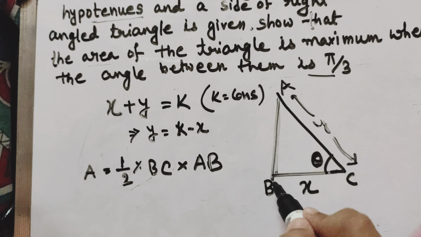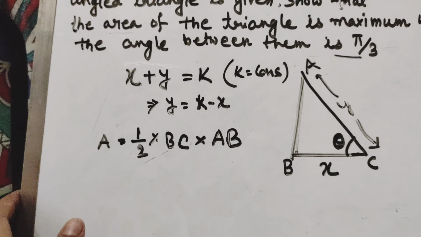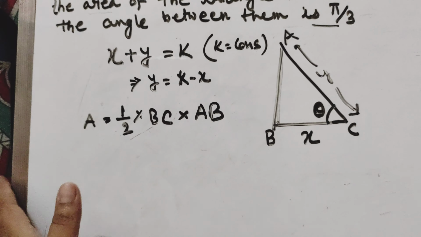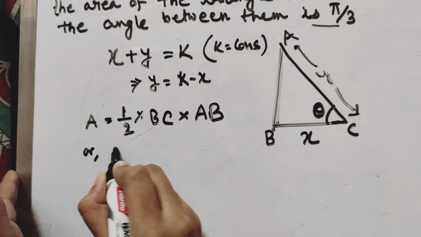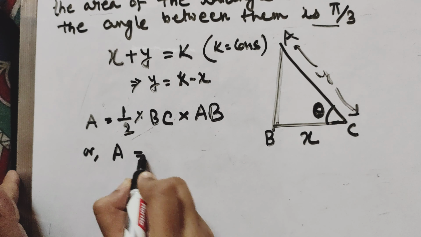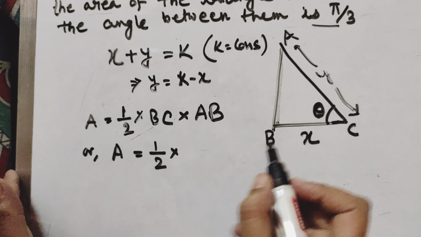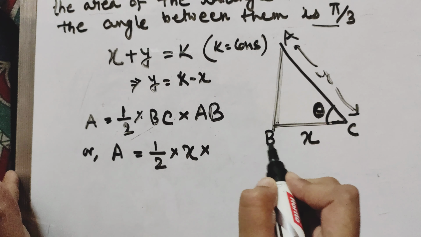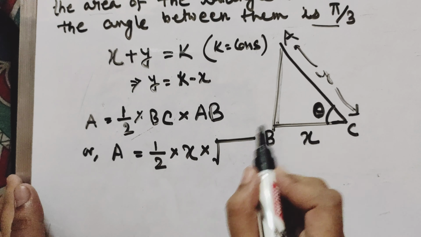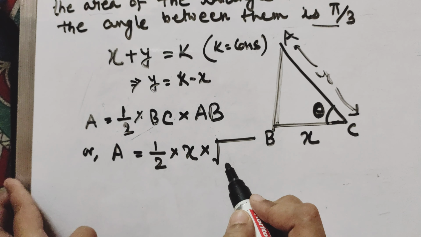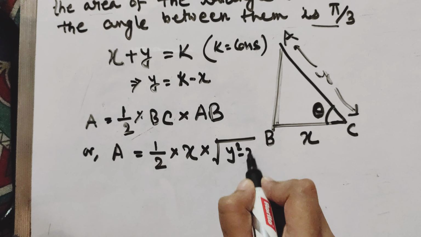So A equals half into x, and what is AB here? AB here is the square root of y square minus x square, right?